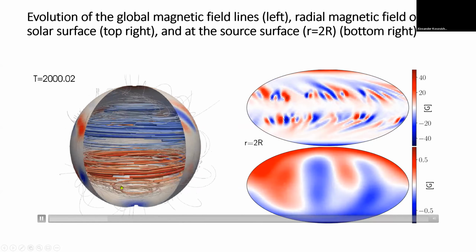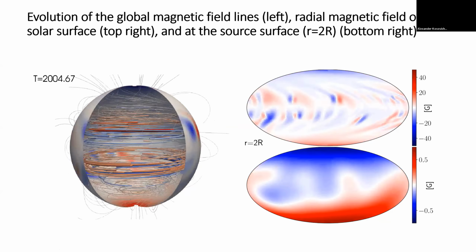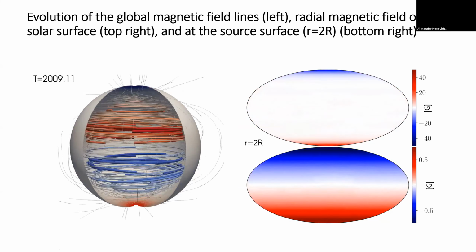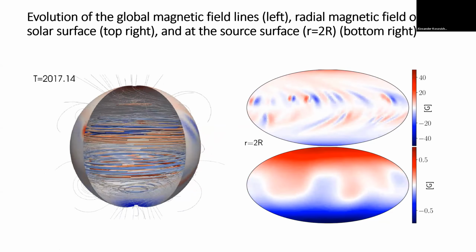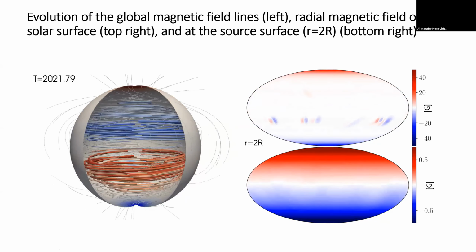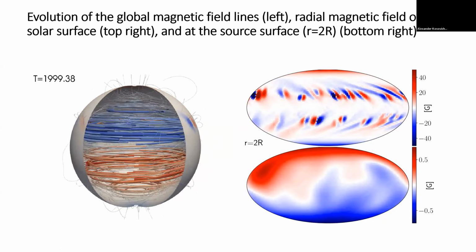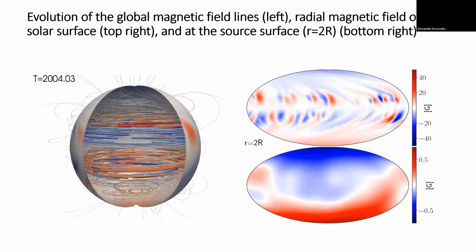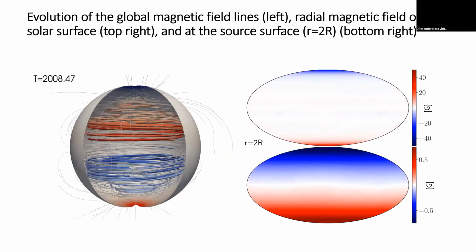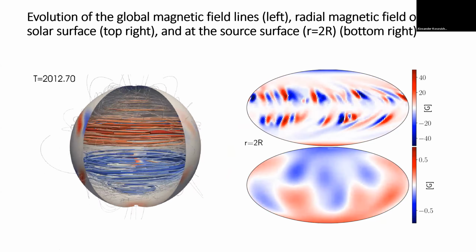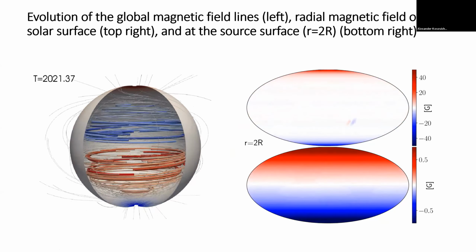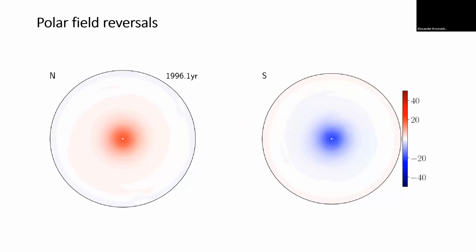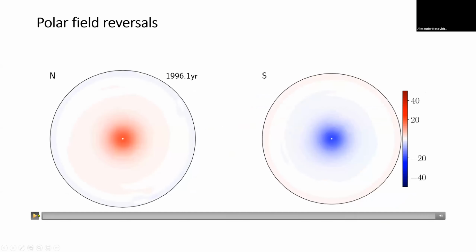Here you can see the simulations now with time in years, and at the bottom right you can see the heliospheric current sheet calculated from these models. You can also see how the magnetic field on the surface evolves during cycle 23, now cycle 24. And here is a movie of polarity reversals.